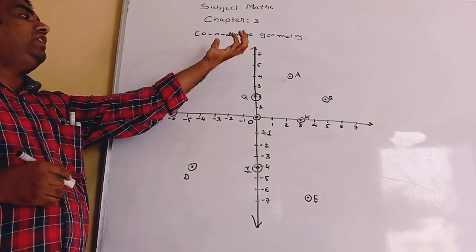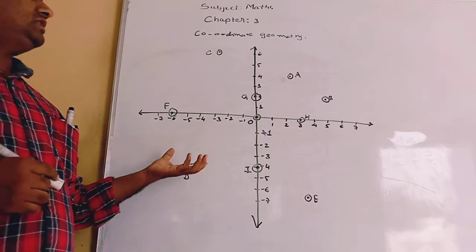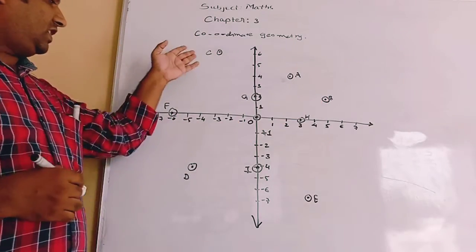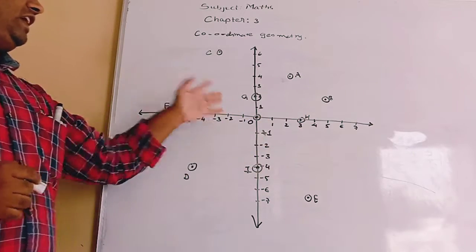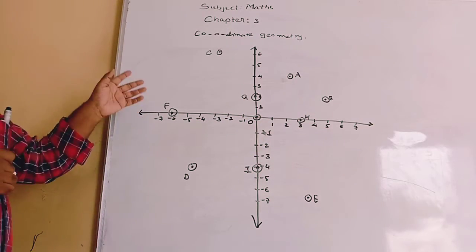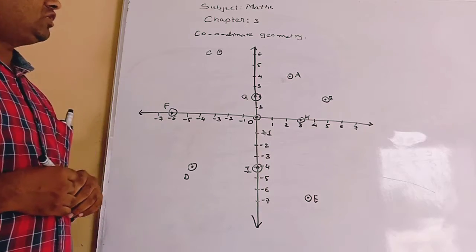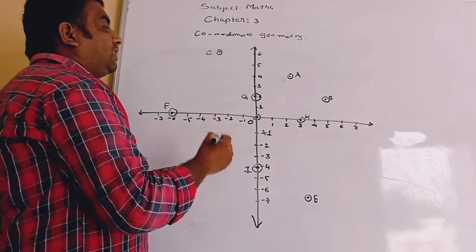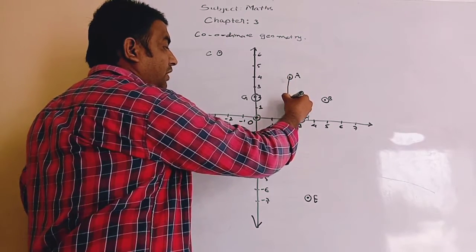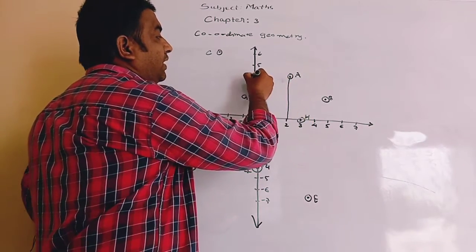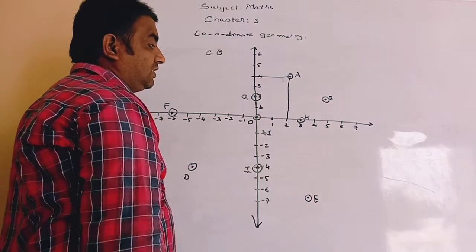So now here we are given different points A, B, C, D, E, F, G, H, I and O. So what are their locations? To find the location of A in the Cartesian plane, first from A we draw a perpendicular line on the x-axis and a perpendicular line on the y-axis.